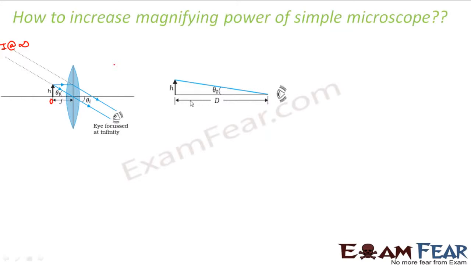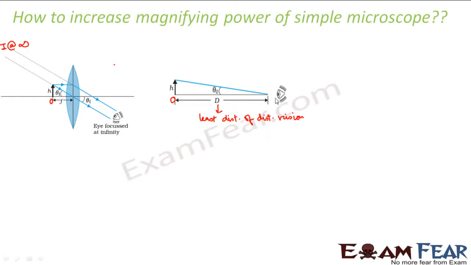And in the second scenario, an object is placed at a distance which is equal to the least distance of distinct vision. So this represents the least distance of distinct vision, that is also known as the near point.